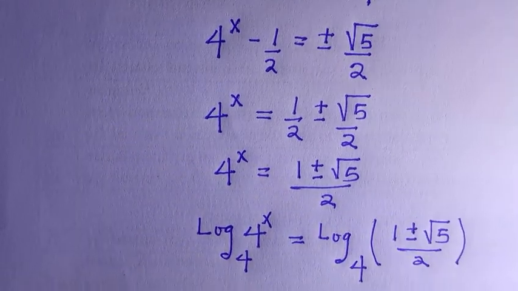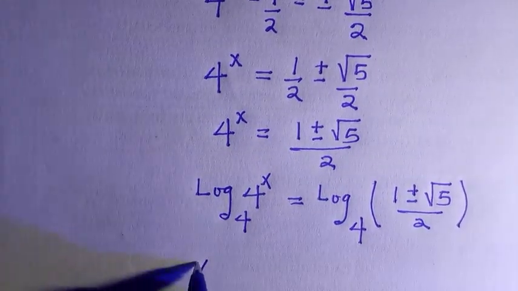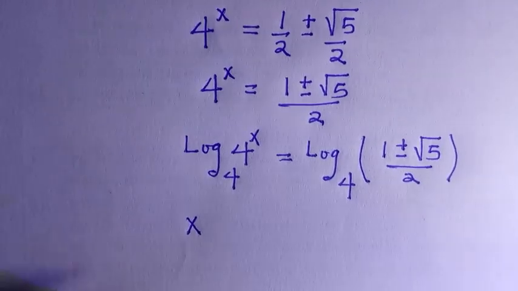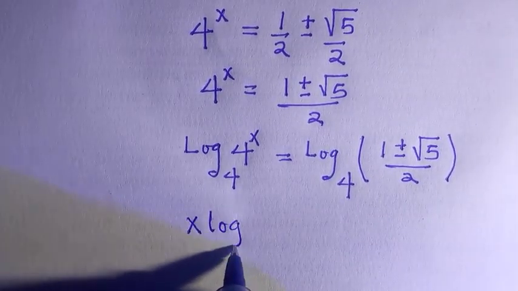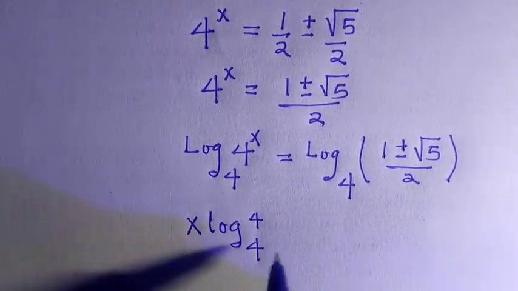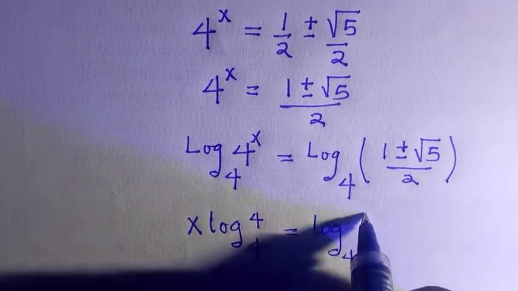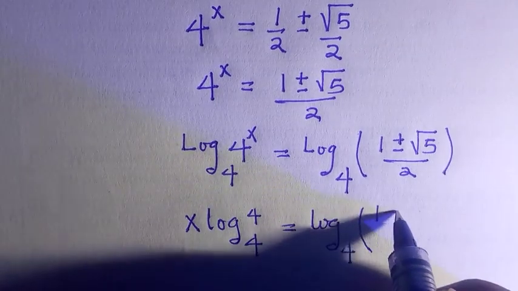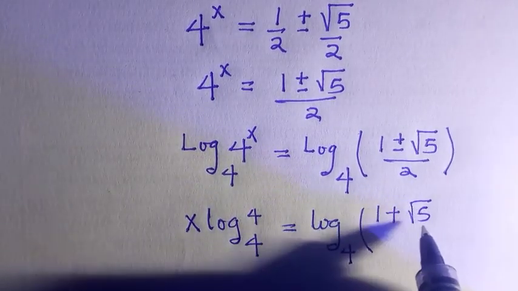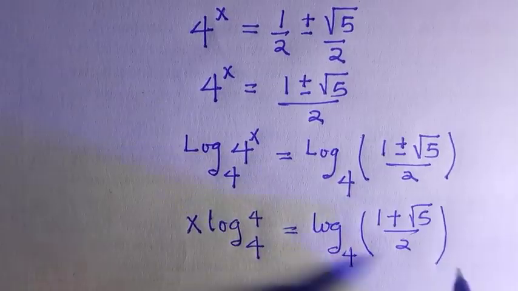Since x comes down, we have the logarithm of 4 base 4 times x, equals the logarithm of base 4 of 1 plus or minus the root of 5 divided by 2.